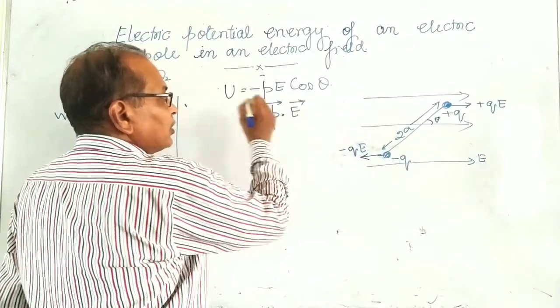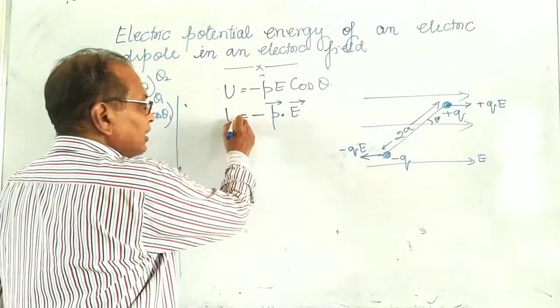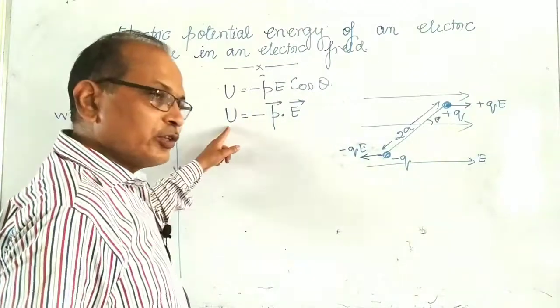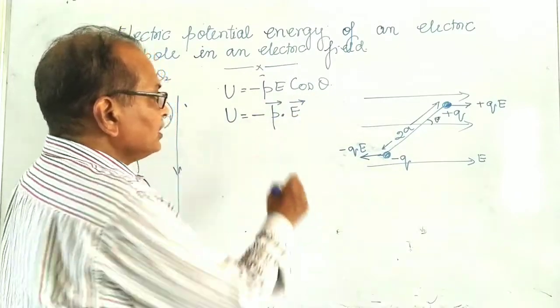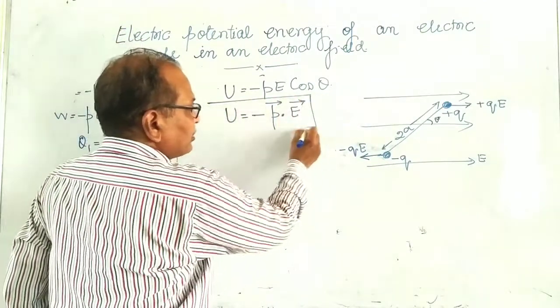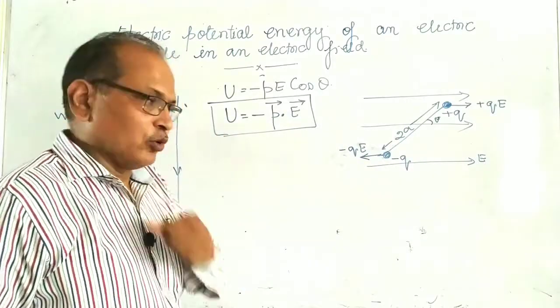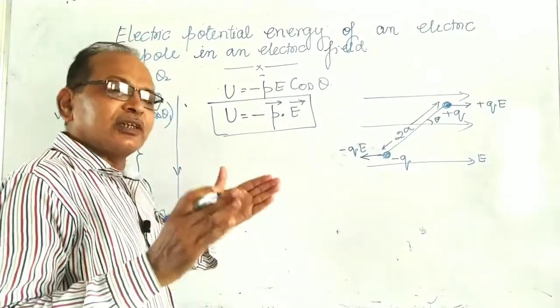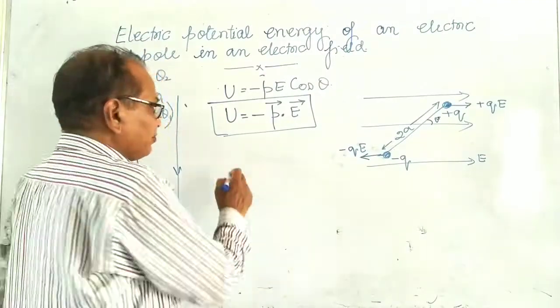It is a dot product because potential energy is a scalar quantity, so it is a dot product in place of cos theta. This is the vector representation of the electric potential energy of an electric dipole when it is placed in the electric field. Now we will study some special cases.